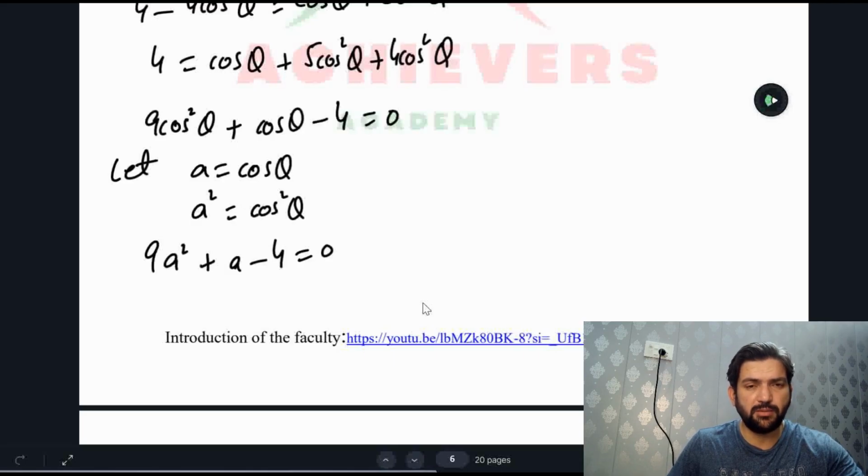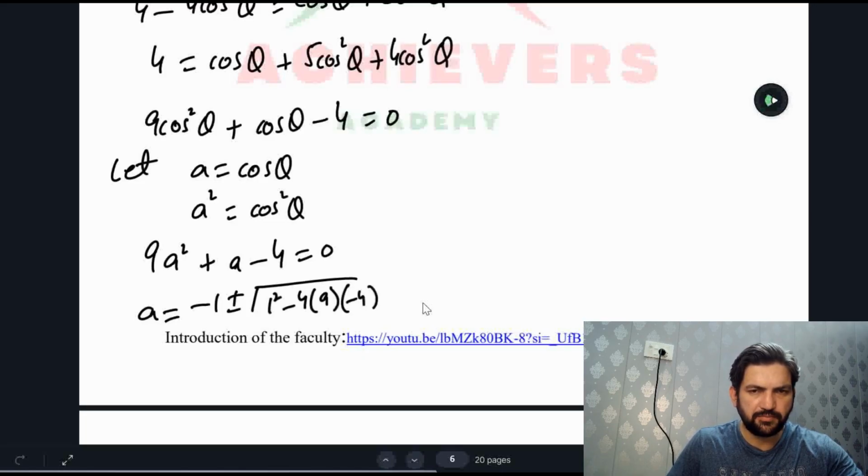Now from here we can use the mid-term breaking, or we can use the quadratic formula. So minus b plus or minus the square root of b square minus 4ac, whole divided by 2a. 2a is 9.